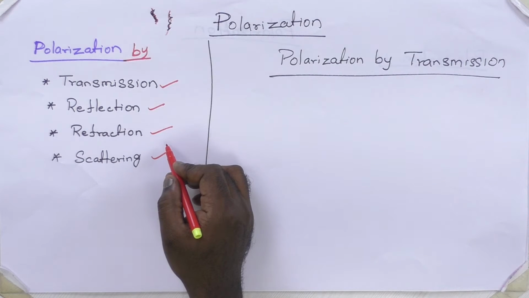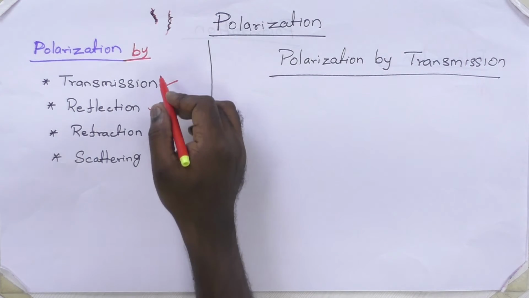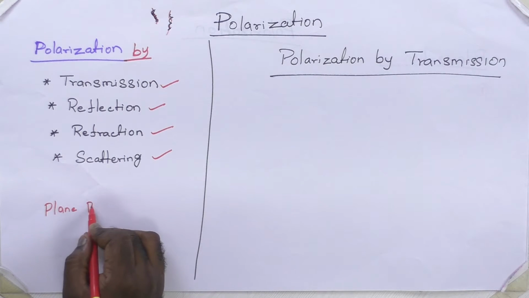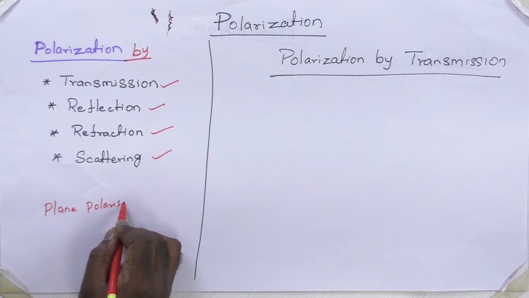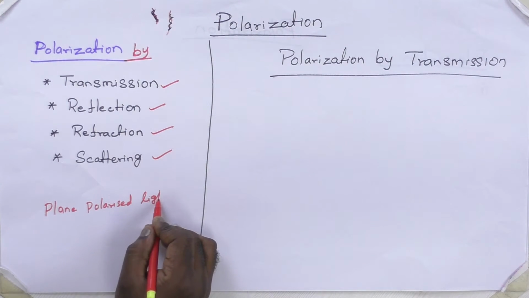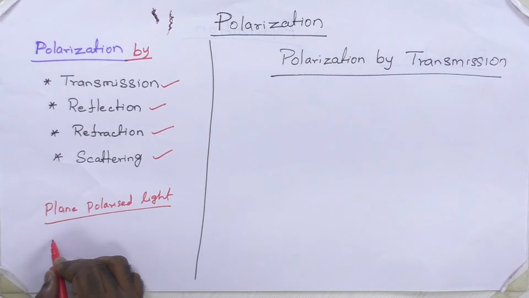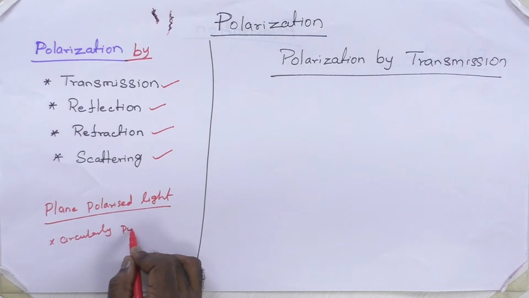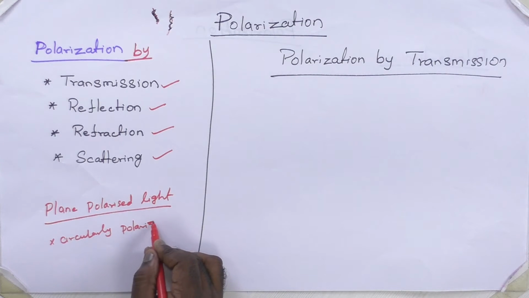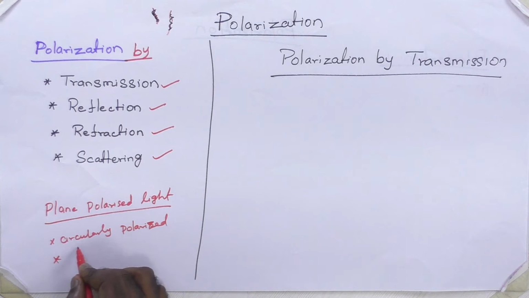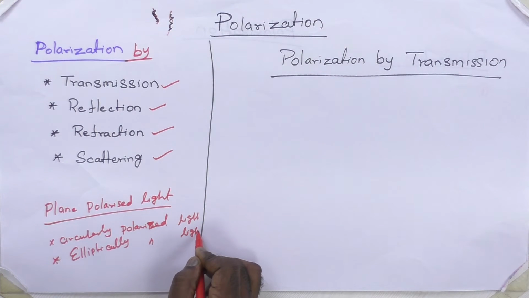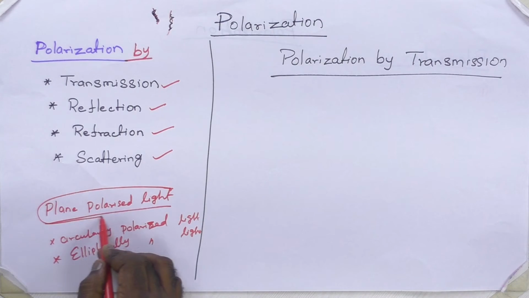We can convert unpolarized light into plane polarized light. Some other types also exist, such as circularly and elliptically polarized light, but we are going to see only plane polarized light.